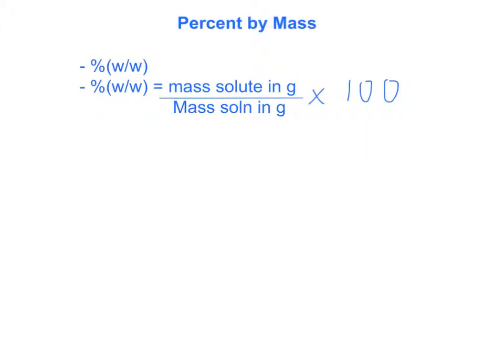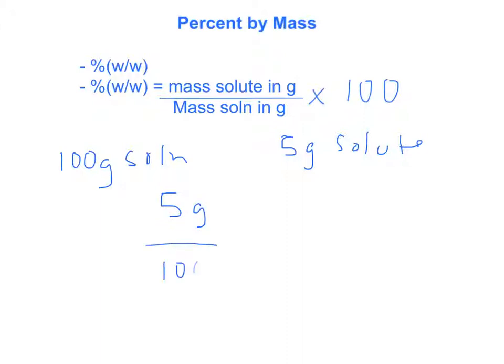So for example, if we have 100 grams of solution, and 5 of those grams are solute, we do 5 grams over 100 grams times 100 equals 5% weight by weight. Makes sense.